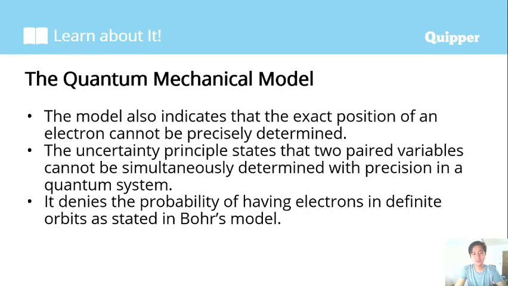The uncertainty principle states that we cannot exactly locate the position of the electrons because of their great momentum. So it also denies the probability of having electrons in definite orbits as stated in Bohr's model.